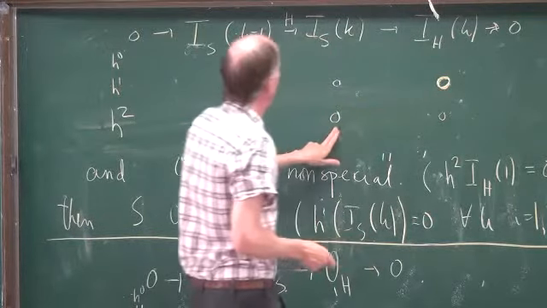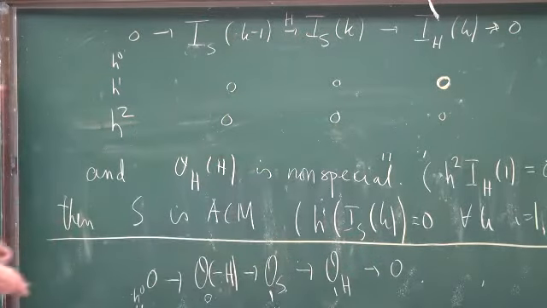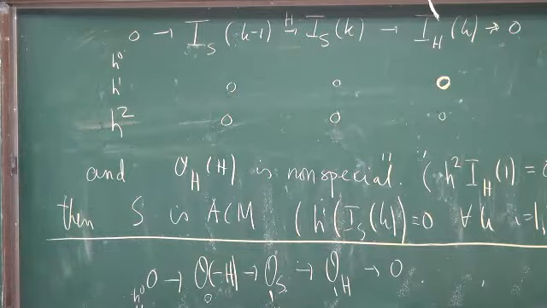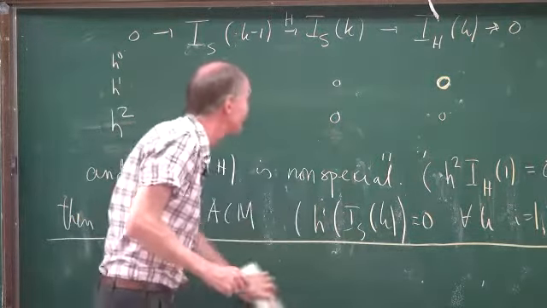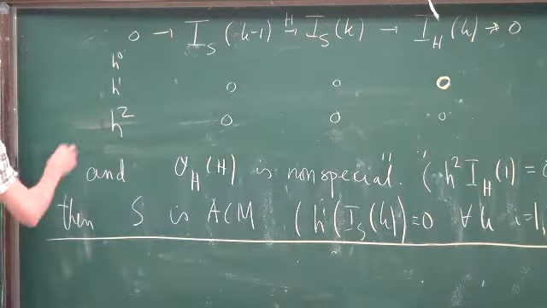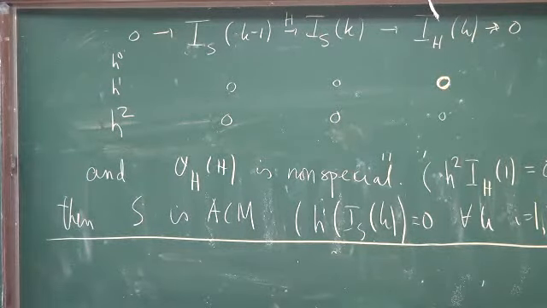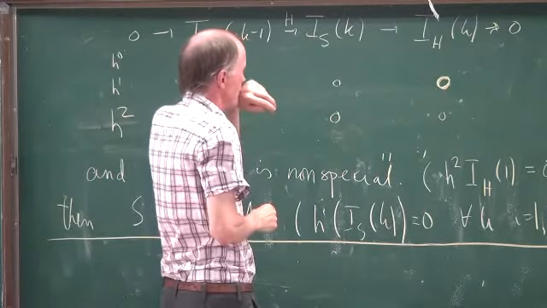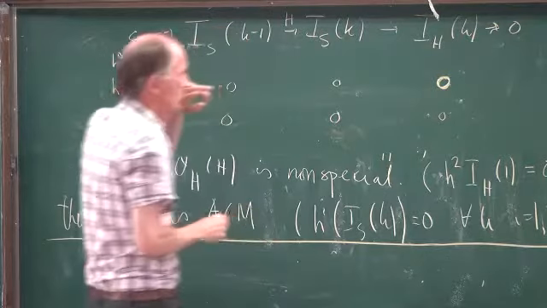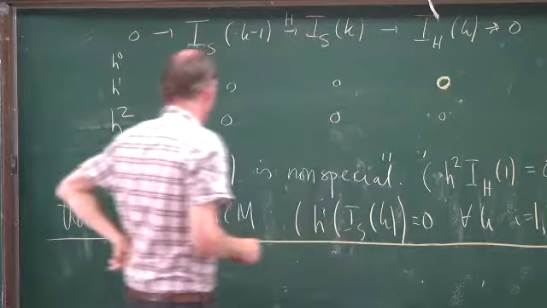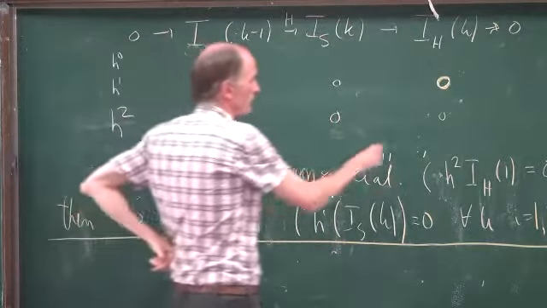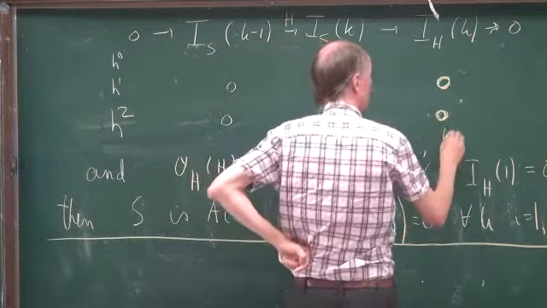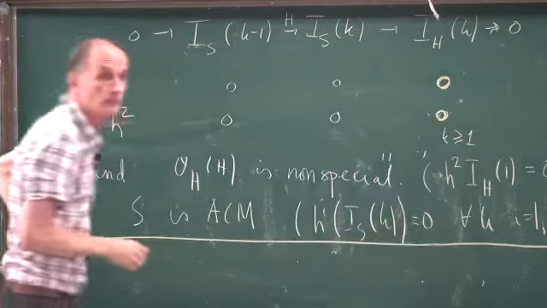You have a 0 there, and well, I would use, so if this is non-special, I have a 0 there for k bigger than or equal to 1. I have also a 0 there, right?